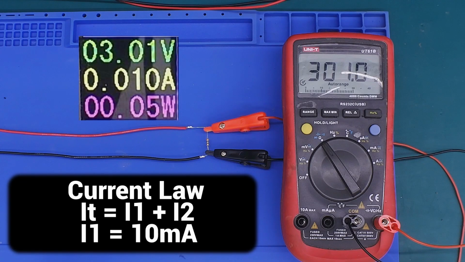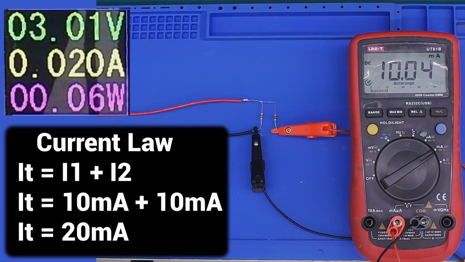You can see on the power supply, we have 10 milliamps through our single 300 ohm resistor. Here we've added a second 300 ohm resistor, and here we can see that in the second resistor we have 10 milliamps. Added to the 10 milliamps we saw through the first resistor, it gives us a total of 20 milliamps, which we can see on the power supply.